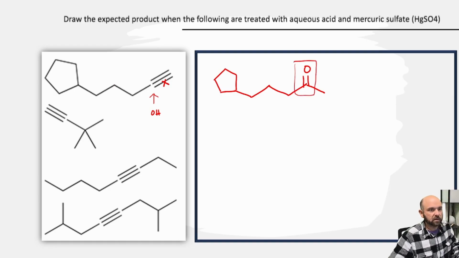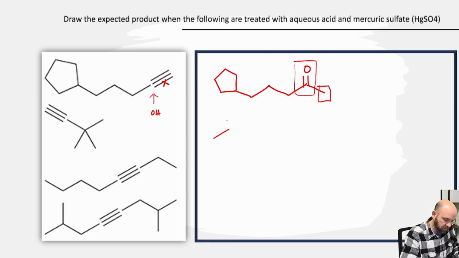Anytime you have a carbonyl carbon double bonded to oxygen, we call it a ketone as long as there's not a hydrogen or an OH or another oxygen bonded. And this, of course, is a methyl group here, so that's a methyl ketone. The next reactant there would also give us a methyl ketone. We would see the oxygen bonded to the Markovnikov position and the rest of the molecule as follows.